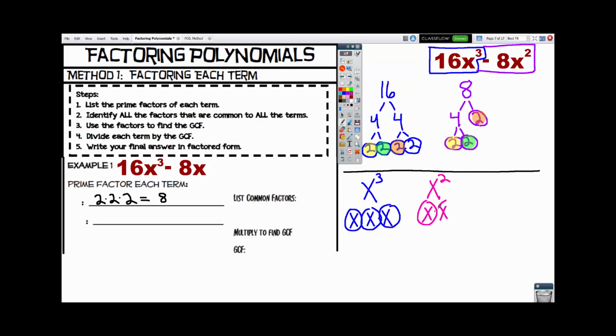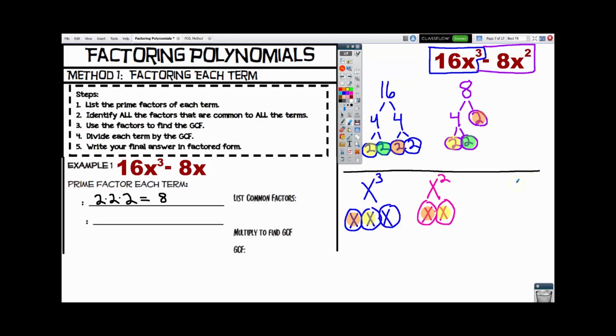Okay, and what we'll do is we will circle them just like we did our numbers. And again, now we need to figure out what they have in common and take equally from both of them. So I look over here and I say, hey, we've got an x that we could borrow from both of them. And it looks like we have a second x that we can borrow from them.